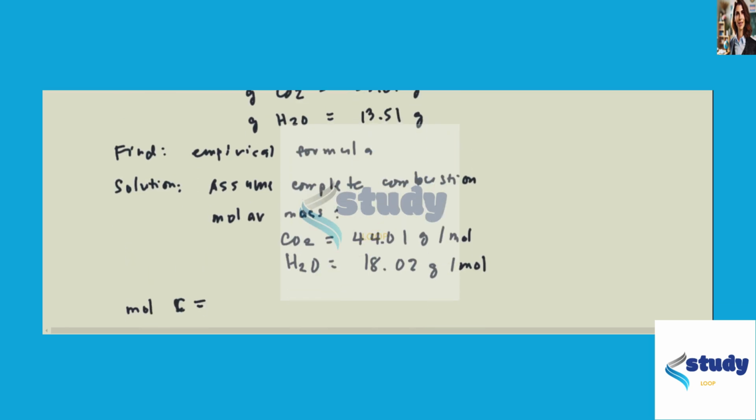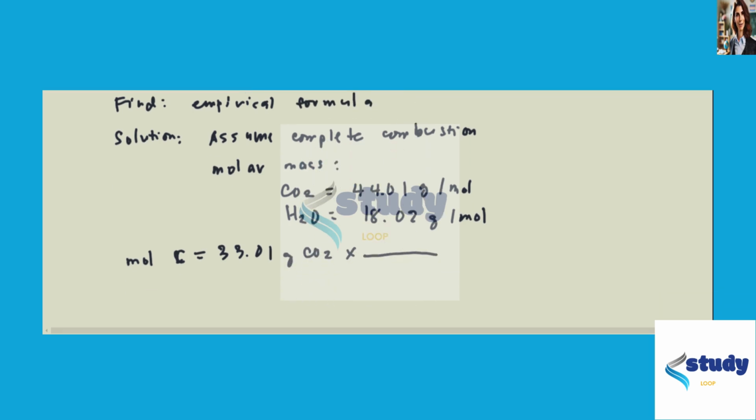So we are given 33.01 grams of carbon dioxide. We will multiply that by the conversion factor that relates moles with grams, which is given by the molar mass. So we have 44.01 grams of CO2 equivalent to 1 mole of CO2. Multiply that by the conversion factor that relates the moles of C in CO2, which is from the formula of CO2 itself.